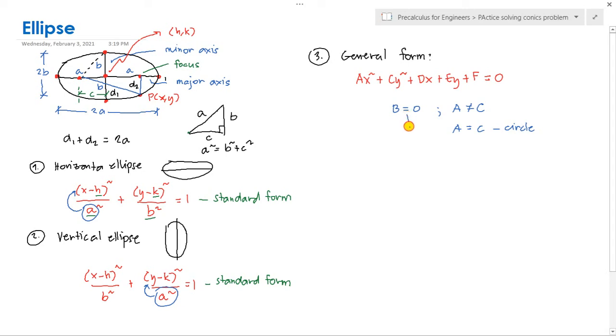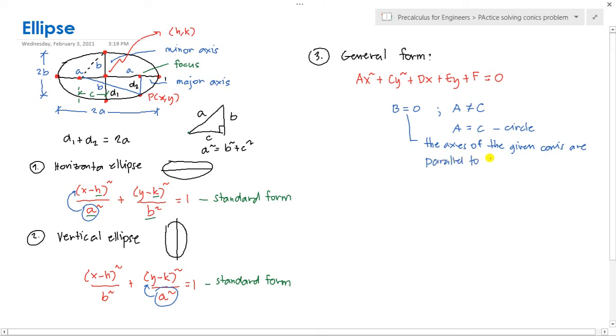So kani siya nagpasabot ni nga the axis of the given conics are parallel to either x or y axis in the Cartesian coordinate plane. So automatic b equals 0 dayon na siya. So this is the general form of our ellipse, ax squared plus cy squared plus dx plus ey plus f.